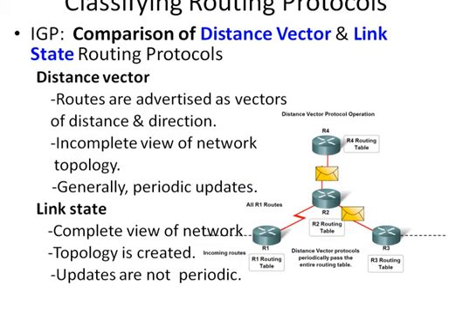Updates are not periodic, meaning it will not wait for any update timer. As soon as there is some change in the topology, it instantly updates the neighbors. So link state is faster than distance vector, because distance vector keeps waiting for the update timer to tell the neighbor there is some change in the topology.